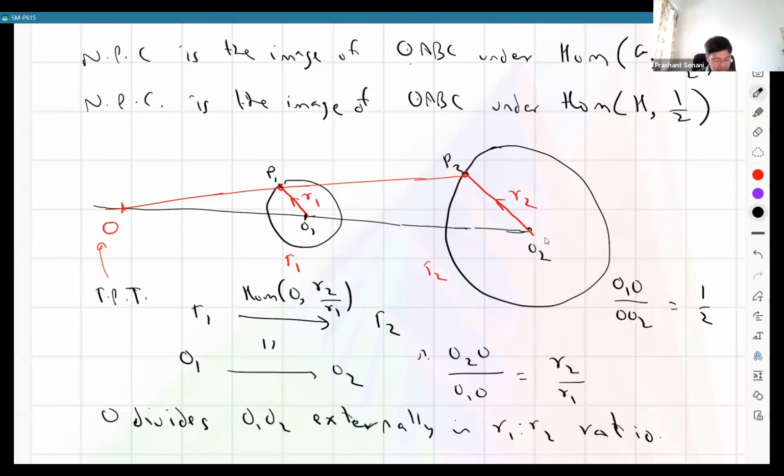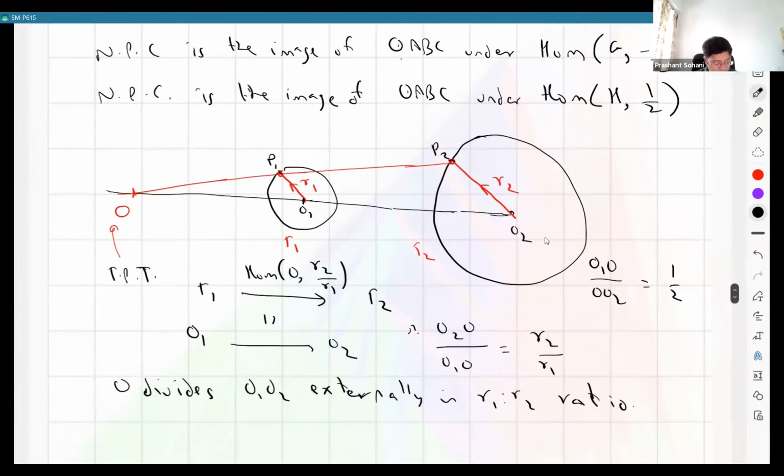But the natural question one can ask is, this is the external point, but any line segment, you always have an internal and external point of division, right? There will be a point internally also, which also divides O1O2 in the same ratio, R1 is to R2. And so that point can be obtained by drawing the internal common tangents.